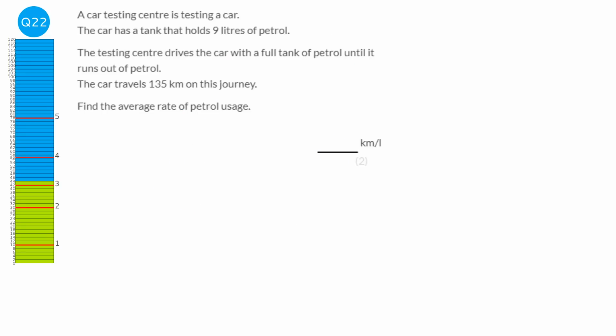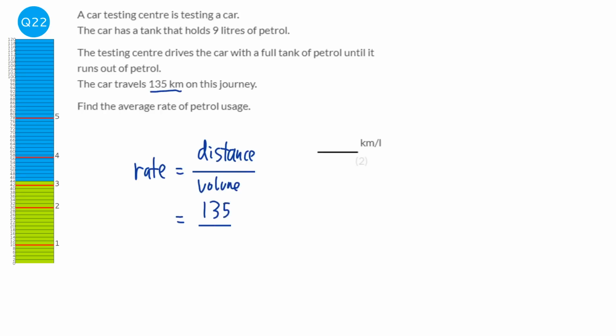To find the average rate of petrol usage, which I'm just going to call rate, what we're going to do is get the distance travelled by the car, and divide that by the amount of fuel used, so the volume of the fuel used. So the distance was 135 kilometres.